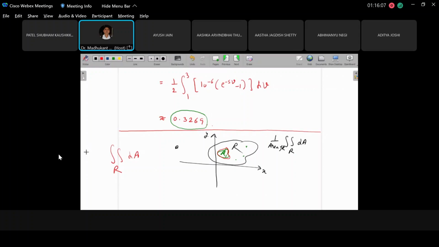So this is nothing but the area of R. In vector calculus or multiple integral calculus, that identifies the area of the region R.